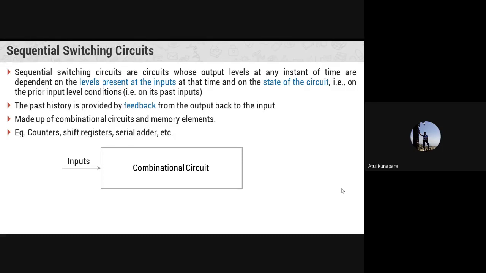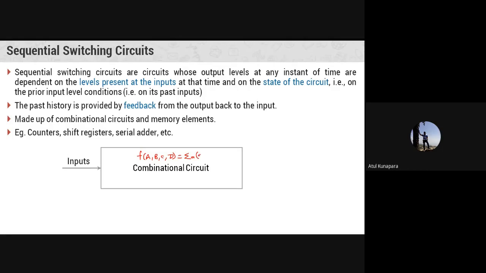For example, suppose this combinational circuit implements the function f of a b c d equal to the sum of minterms 0, 1, 2, 5, 6, and 14.